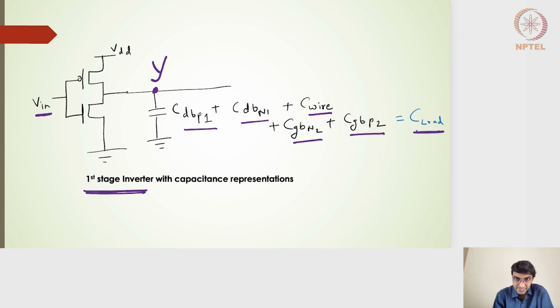So this is about the first stage. Of course, there will be a second stage also, because we have drawn that. If I probe the second stage output, I should be able to characterize the propagation delay falling and rising for the second stage as well. But at this point we are interested in the first stage output, how it changes with respect to the change in the input voltage. Right, so hope up till this point it is clear.